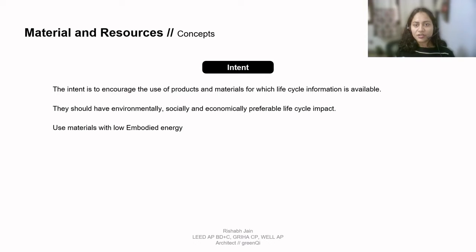So it's important that a company or a manufacturer discloses the environmental impact of a product, so that the occupant or the contractor are aware of the environmental impacts. Another intent of this category is that they should prefer material with a lower environmental impact. That's the second step. And the third step would be to have a lower embodied energy material, which consumes less energy in terms of its extraction, manufacturing, and transportation.